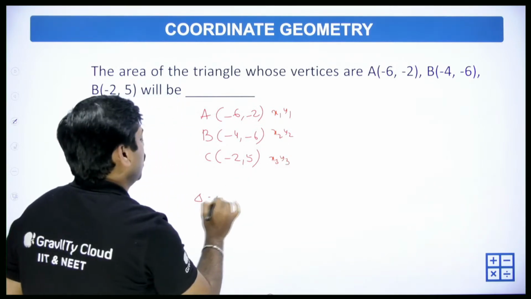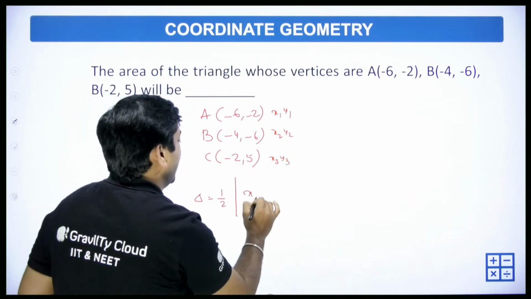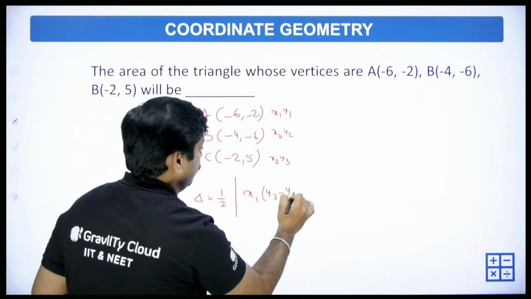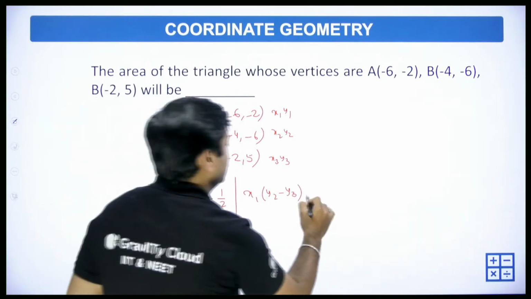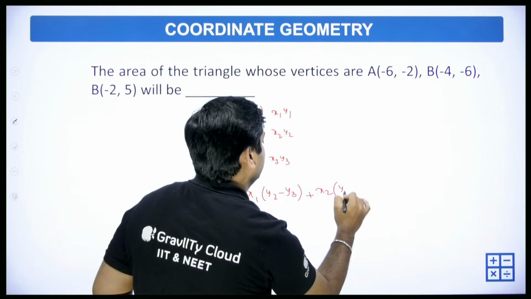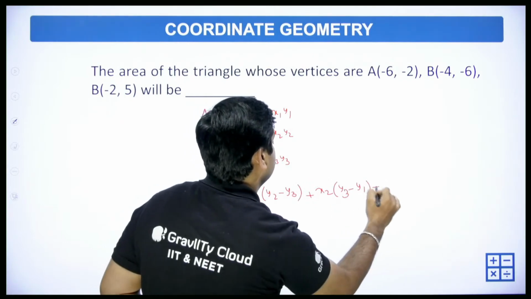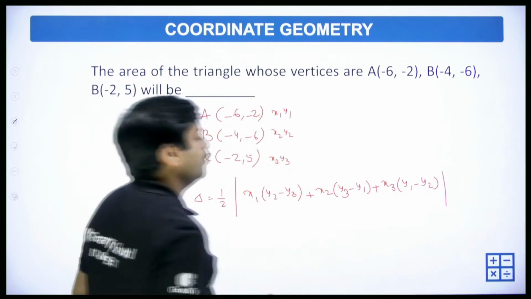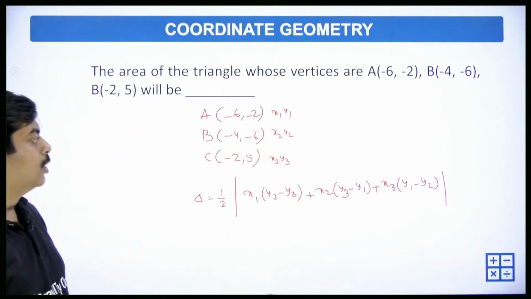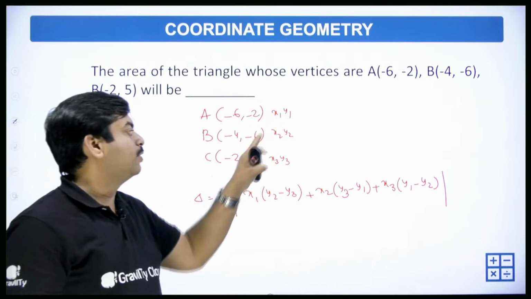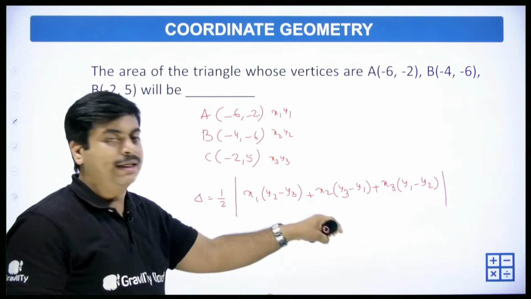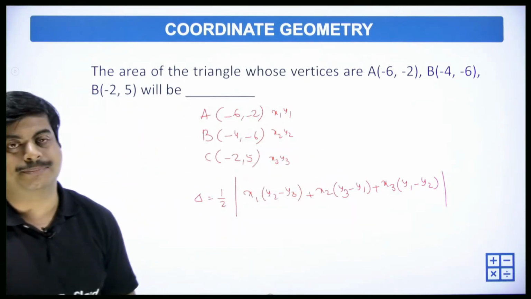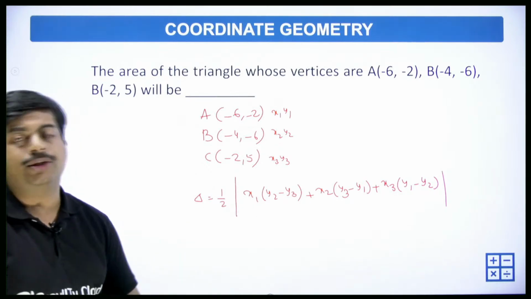So area is equal to half mod of x1 times y2 minus y3, plus x2 times y3 minus y1, plus x3 times y1 minus y2. I'm not going to do this one now. This is how you can proceed: keep substituting all these values and find the answer. Please do it yourself.